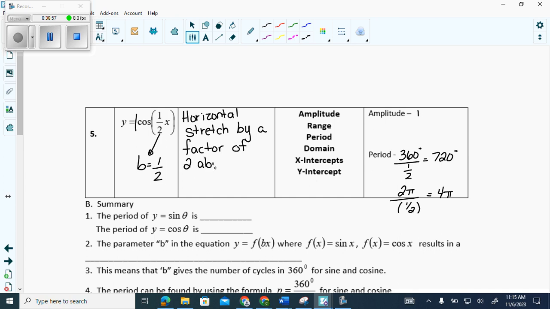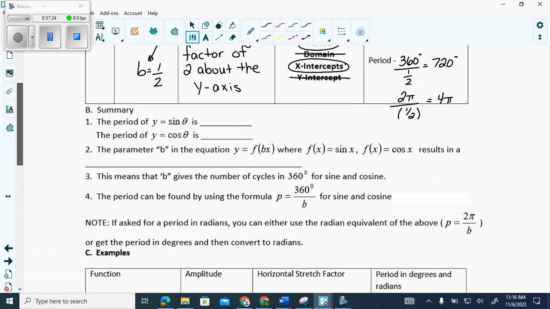It's about the horizontal. I wasn't looking at the question. Amplitude? No, affects y. Range? No, affects y. Period? Yes. Domain's never affected. It's XER. X-intercept? Yes. Y-intercept? No.